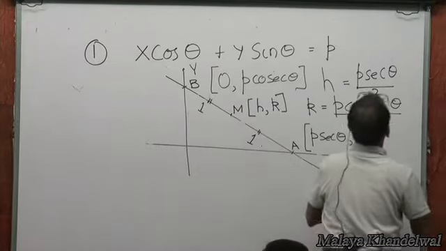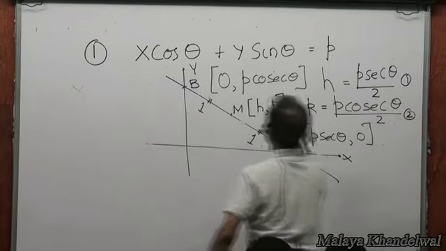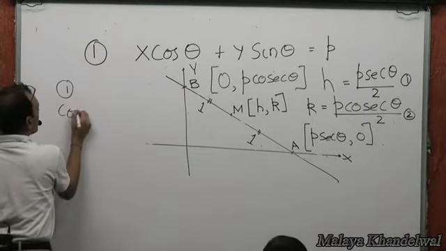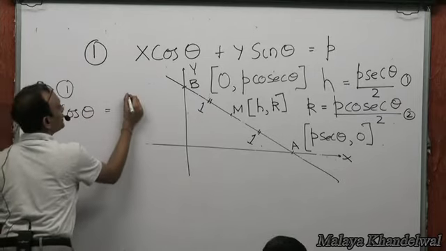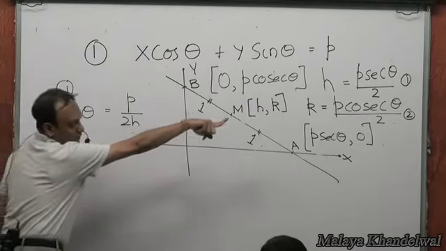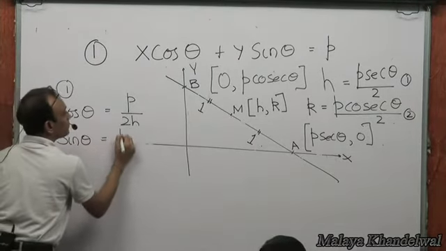Now this is easy because, from equation 1, cos theta is p by 2h. From equation 2, sin theta is p by 2k.